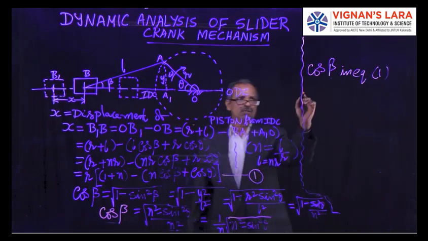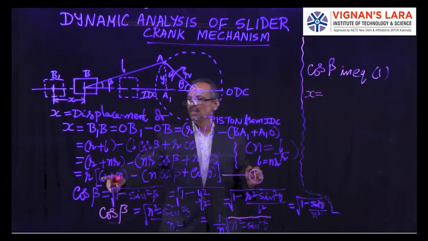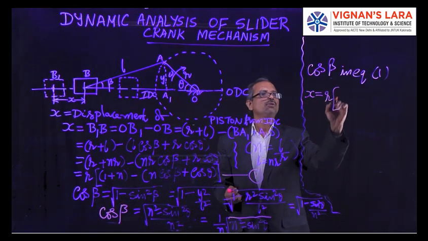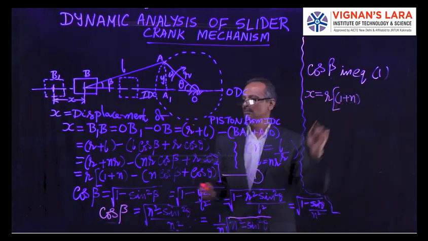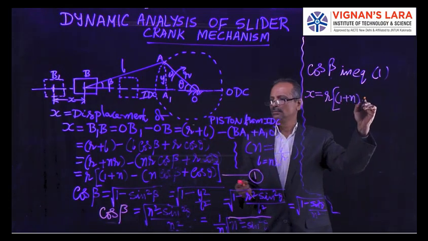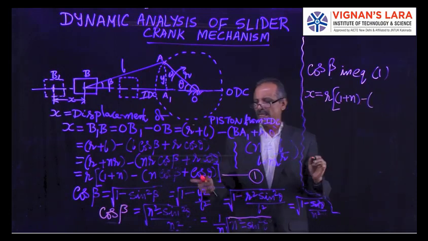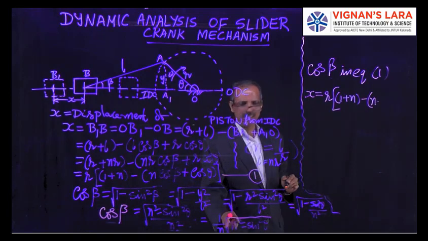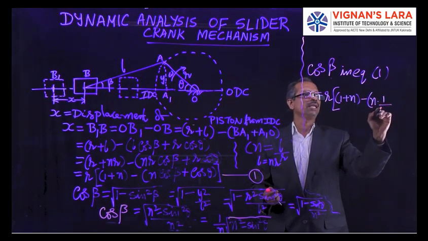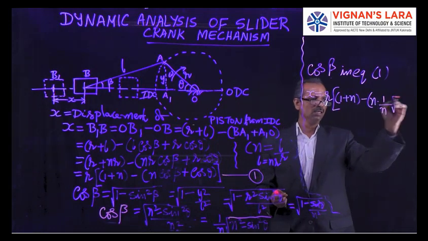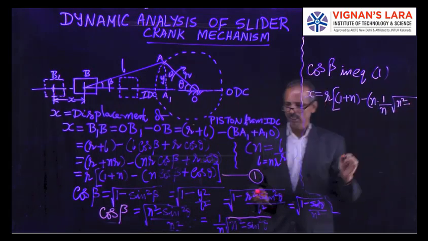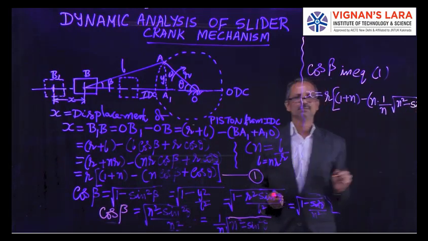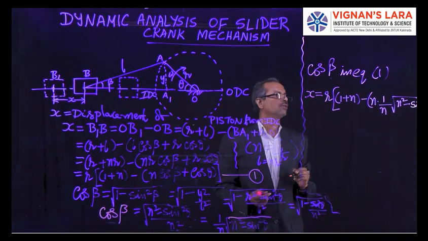That is x is equal to r into 1 plus n minus n cos beta. Where is cos beta? This is the value 1 by n root over n square minus sine square theta.